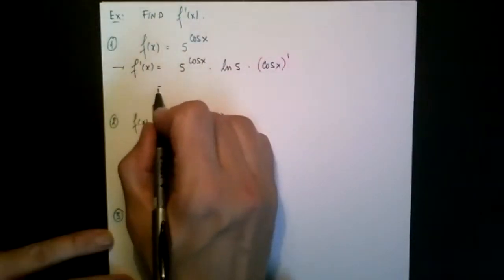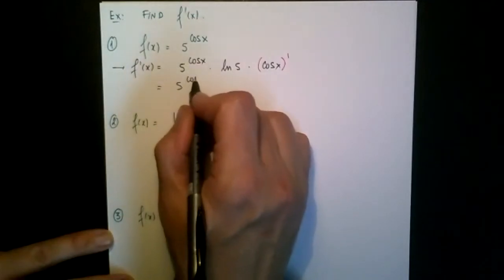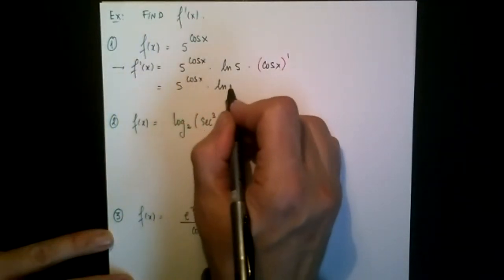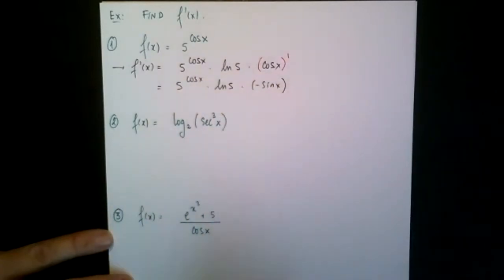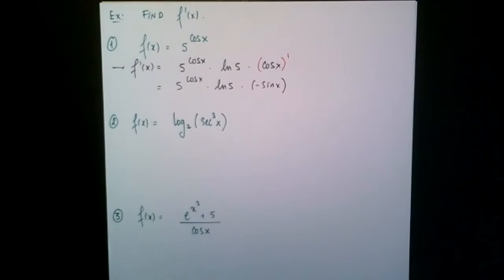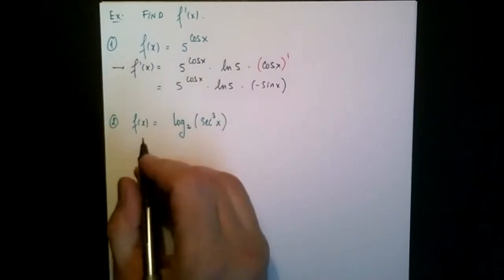And the rest is straightforward, so 5 to the power of cos x times ln 5 times negative sin x. Questions? Okay, next one.